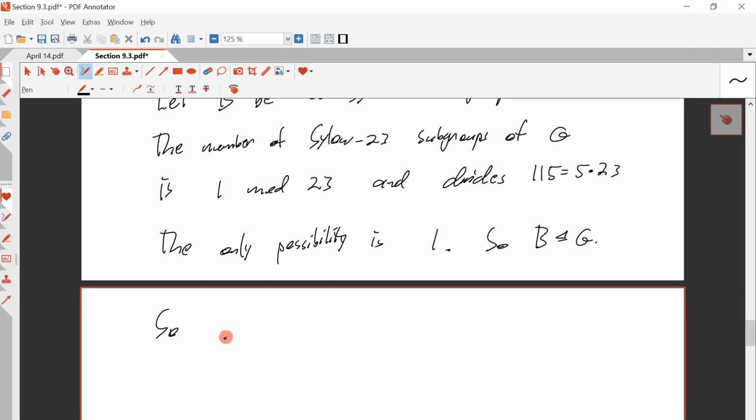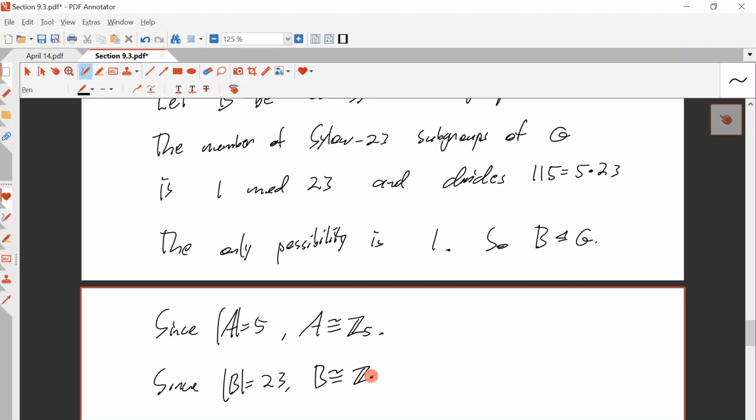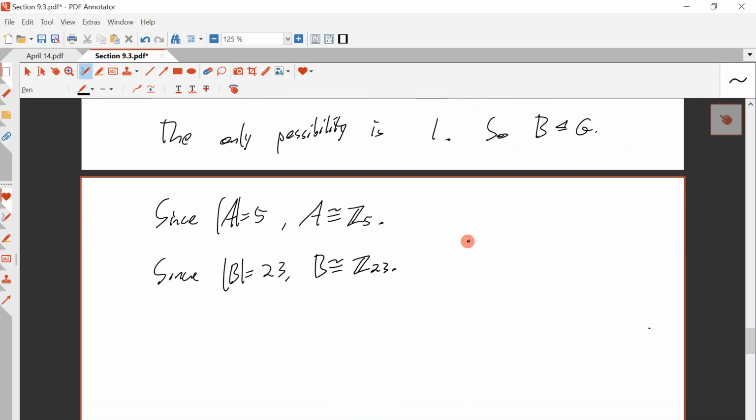So A has order 5. Since the order of A is 5, A is isomorphic to Z5. Since B has order 23, which is prime, B is isomorphic to Z23.